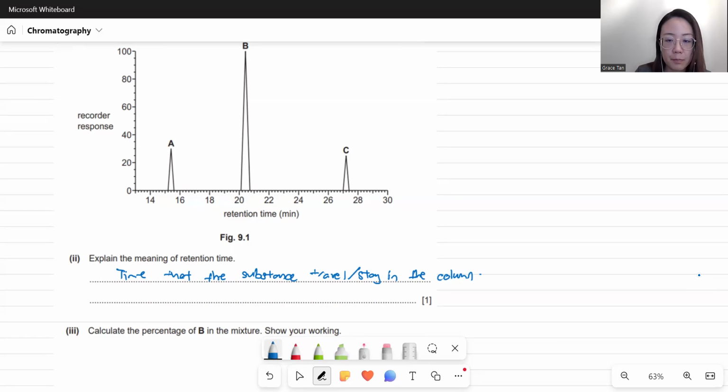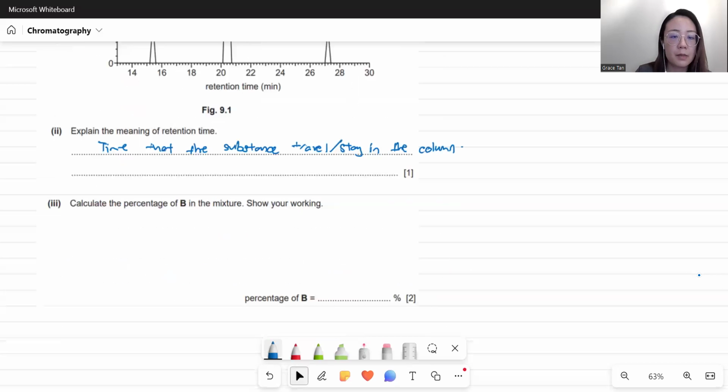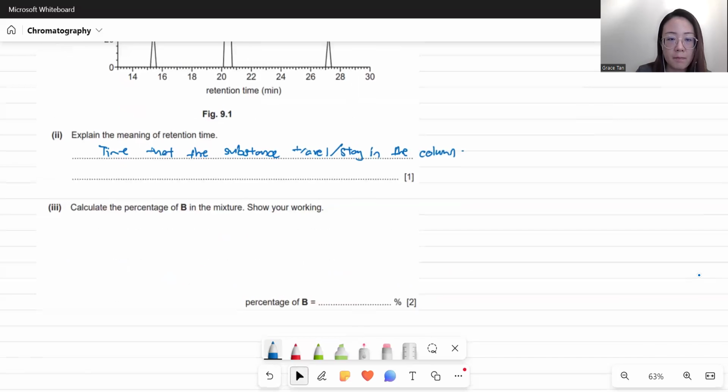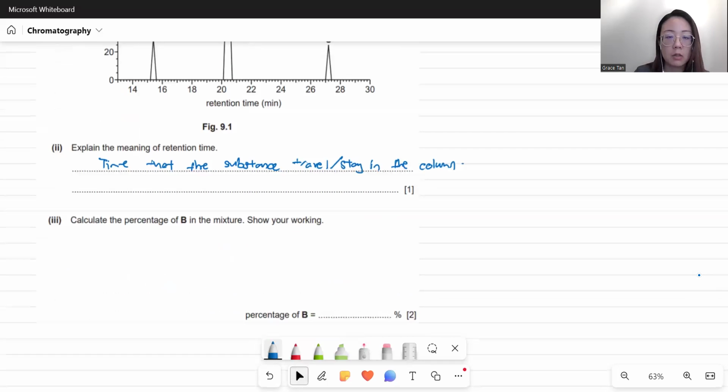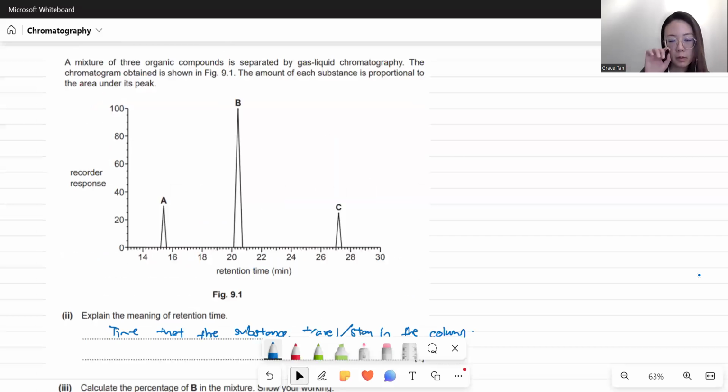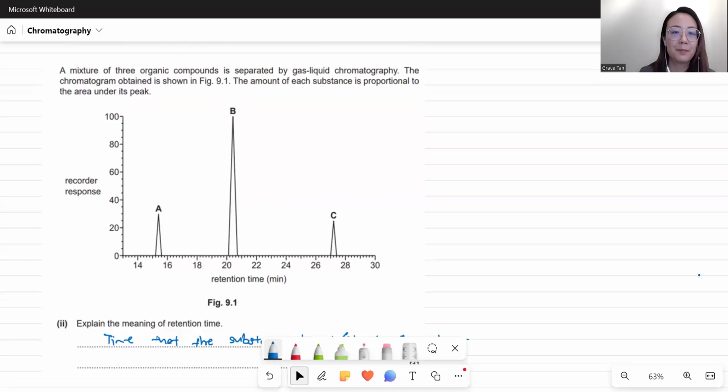All right, now, next, calculate the percentage of B in the mixture. Percentage of B means what is the amount of B in the total mixture. So obviously you need to calculate the area of triangle B over the total area. Now, everybody, how do you calculate a triangle, class?